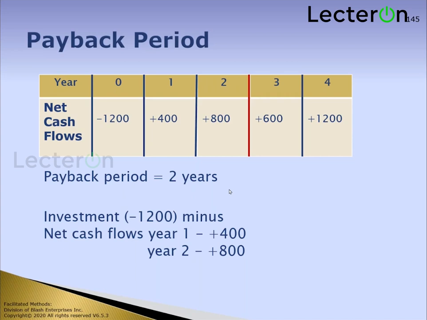The answer is very simple. Whatever the period is the shortest. So the less is the answer. The shorter period would be the project you would select. All they're trying to get at is, do you understand that the quicker you get your money back, the better it is? Okay, that's your payback period.